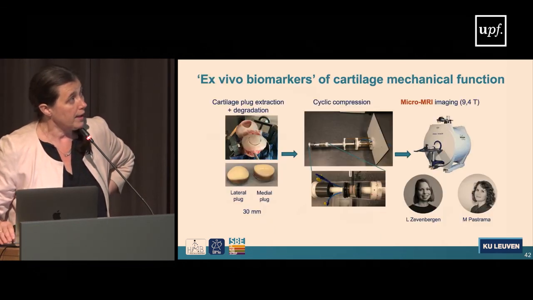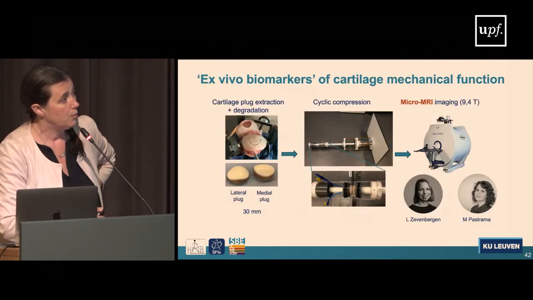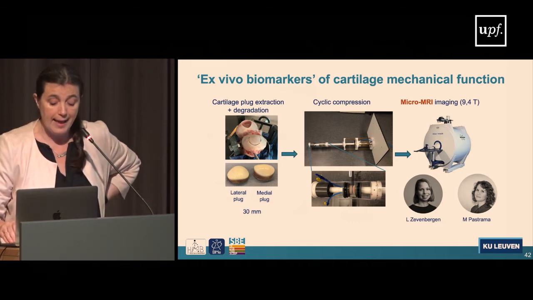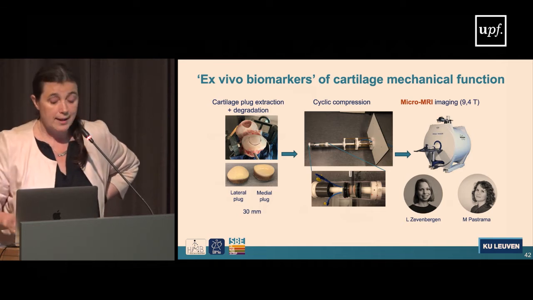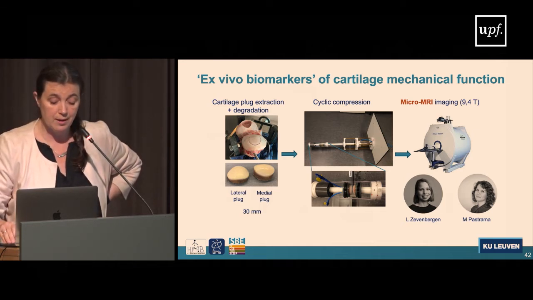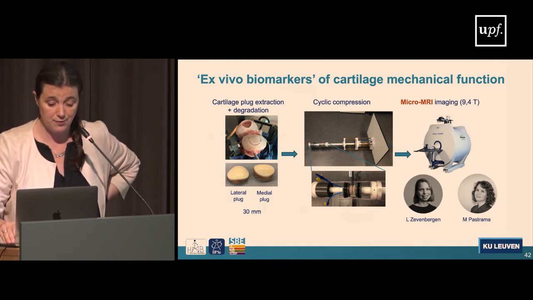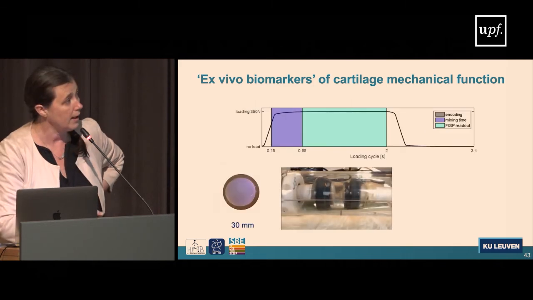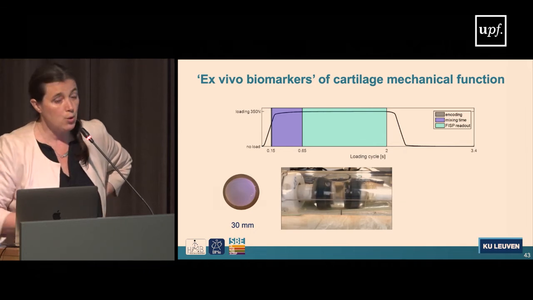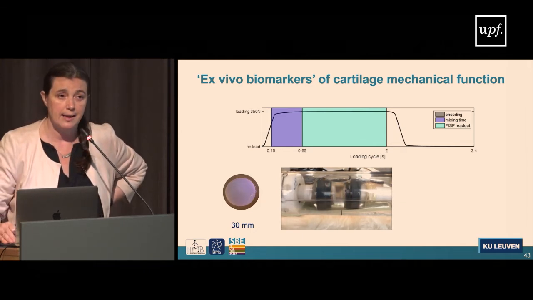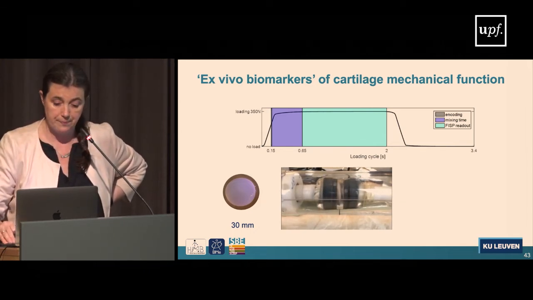We have been working on creating a quite unique setup in which we can compress cartilage plugs while imaging. So we bring our cartilage compression device into the micro MRI, and during compression of our plugs, we can then image and look at deformation fields in the cartilage.